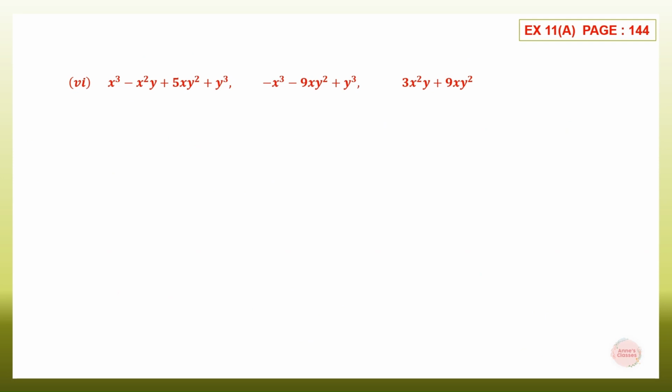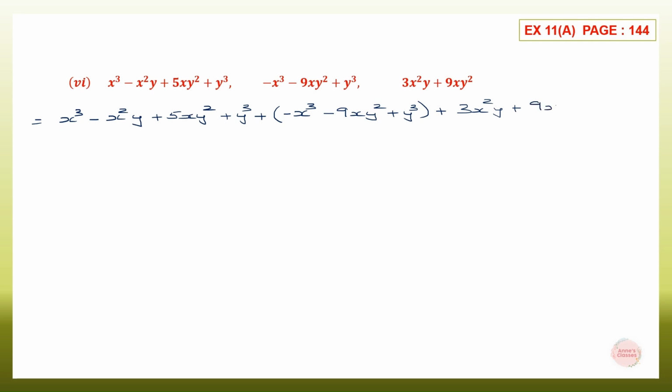Okay, so let's write down everything. x to the power of 3 minus x square y plus 5xy square plus y cube, plus, now we have a minus sign here, so let's put that in brackets, minus x cube minus 9xy square plus y cubed. Then here we can continue, plus 3x square y plus 9xy square. Now let's group the like terms.